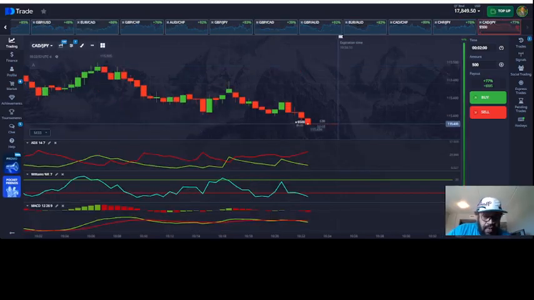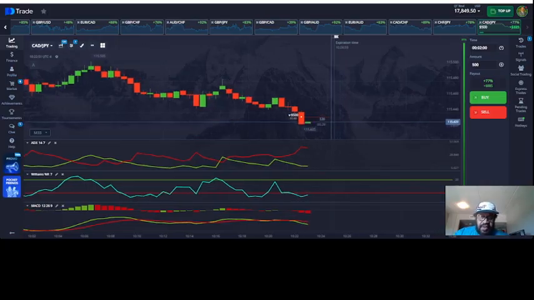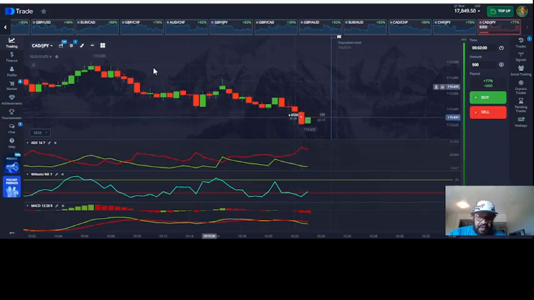Okay, so I'm on the Canadian dollar Japanese yen currency pair, and I just took a sell trade here. The reason why I took the sell trade is, first of all, I noticed a divergence in the ADX lines here, a sharp divergence between the lines.